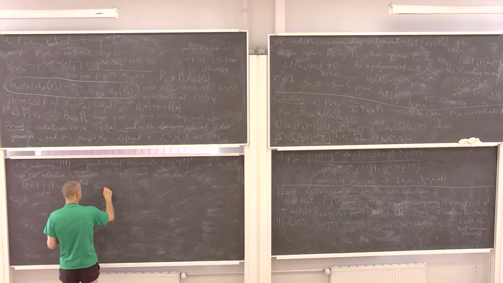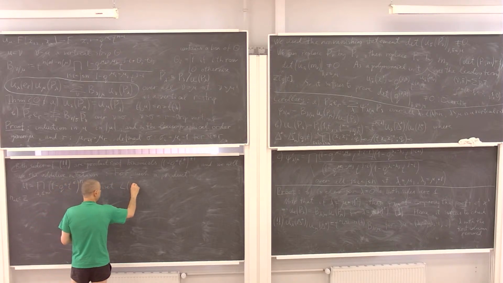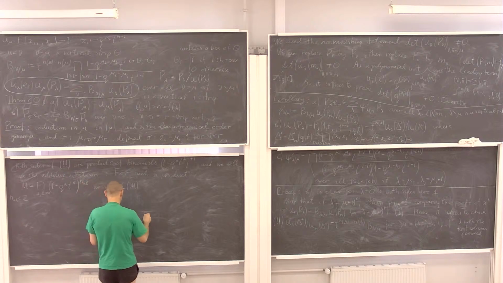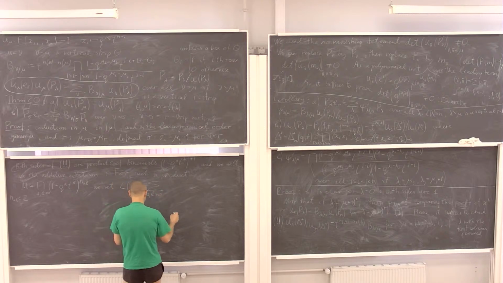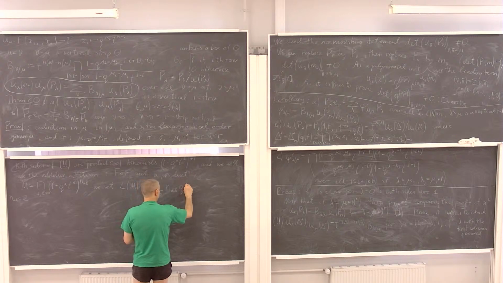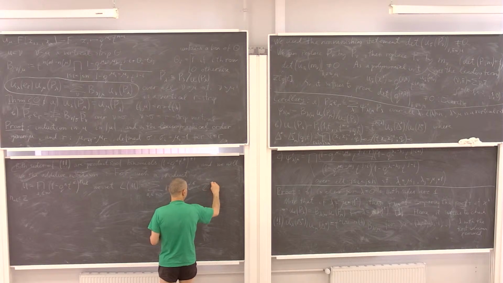We set L of M, this additivization, to be the sum over all A and B, n_AB times q to A, t to B. And so this is a formal power series in q and t.